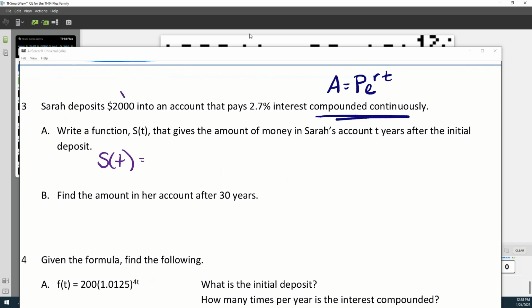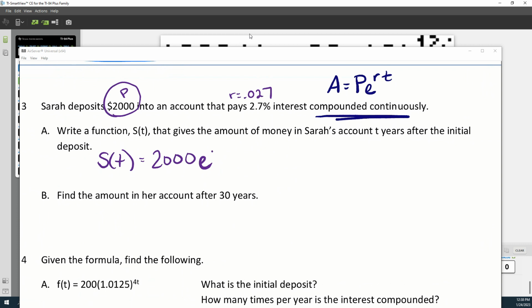All right, so I think we all know that 2,000 is going to be P. And I'm hoping we all know that we move that decimal two places and we get 0.027 for R. That's all we need to write the formula. So I'll put that 2,000 in for P. E is E, Euler's number.